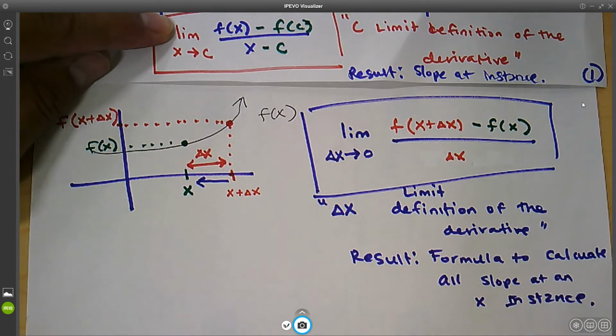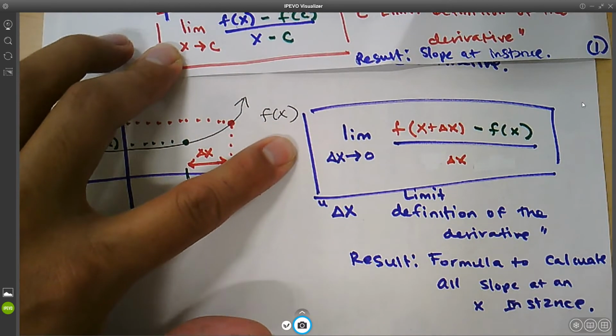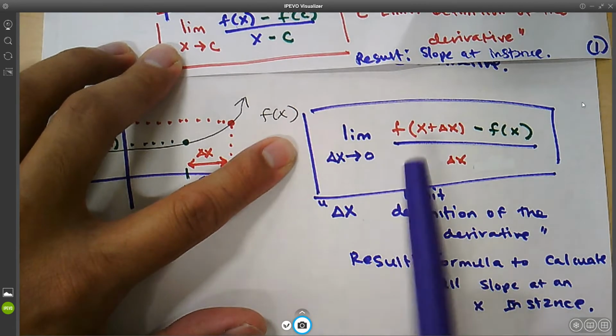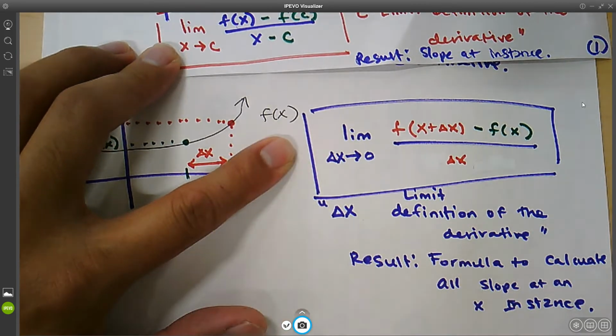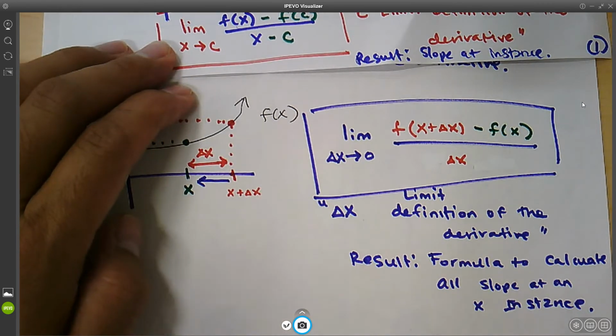So if you found this, it will be a formula, the f prime formula, and then you could check it at all different x instants. So two formulas. You could actually do this one and then just plug in the c to get the answer there, or you can use the other one because you are already just asked to find it at one particular instance.